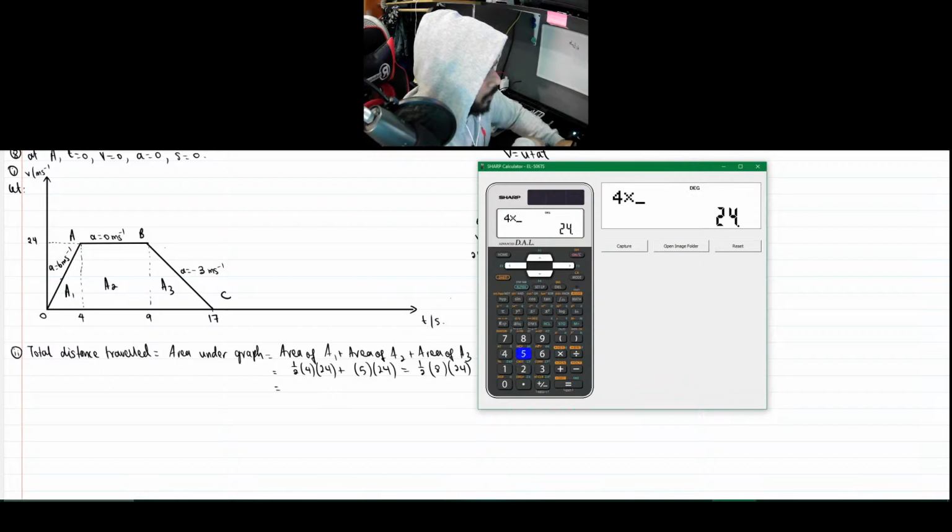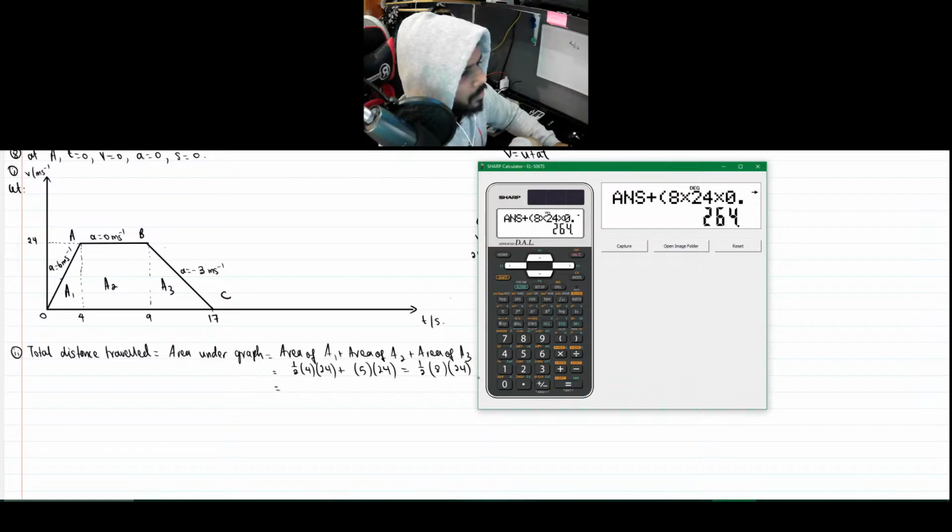Four by 24 by 0.5 plus 5 by 24 plus 8 by 24 by 0.5, 264 meters.